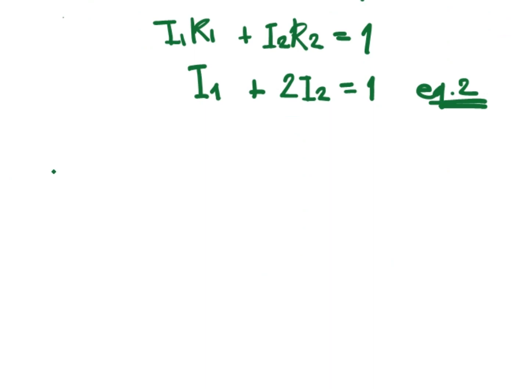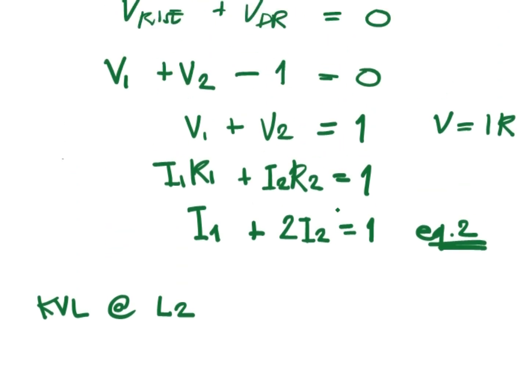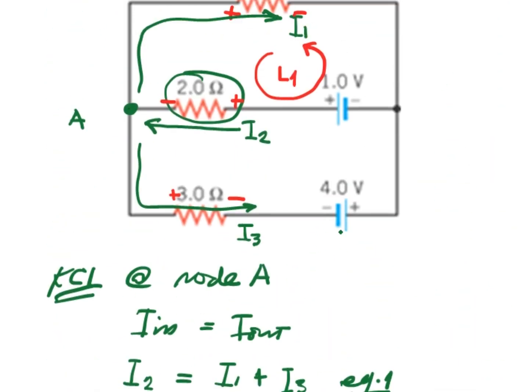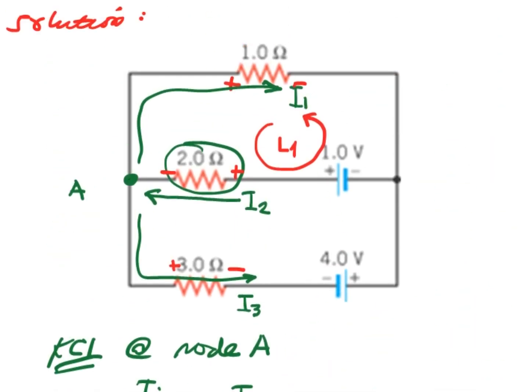Now let us continue applying KVL, this time on the second loop. KVL at loop 2. Now we will again assume a loop on the lower part of our circuit. If I will assume a loop according to most books or references, we will assign another loop. Imagine niyo ang gear.